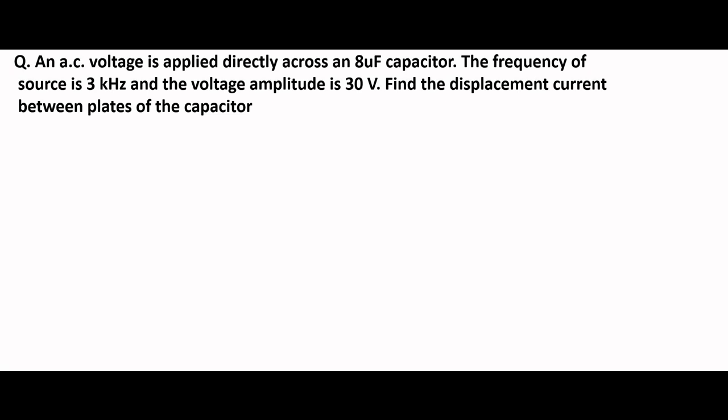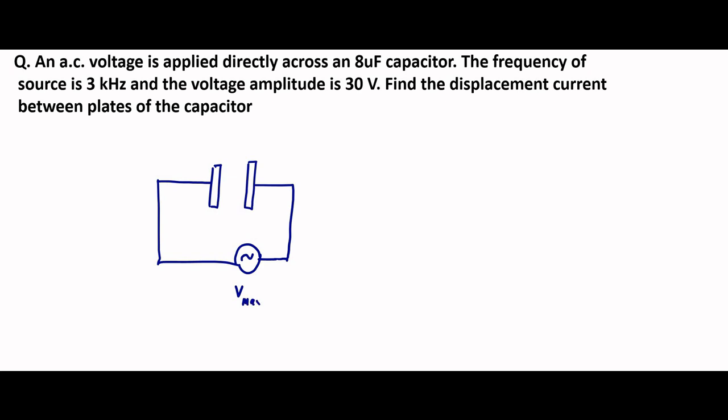So basically what it is saying is that we have a parallel plate capacitor. It is connected to an alternating voltage, the maximum value of which is 30 volt and frequency is 3 kilohertz.